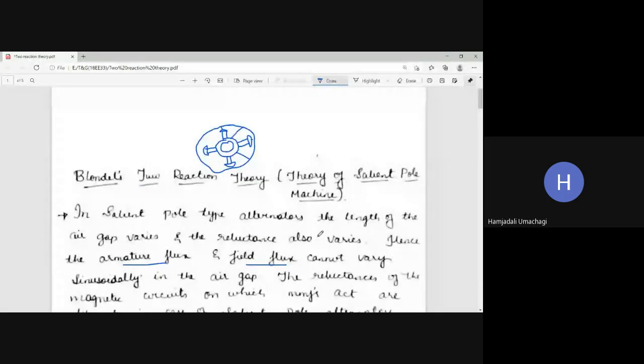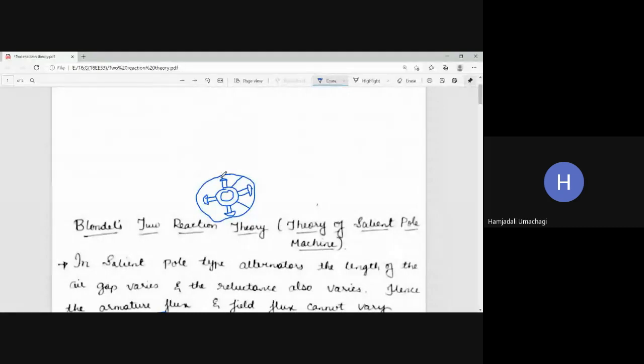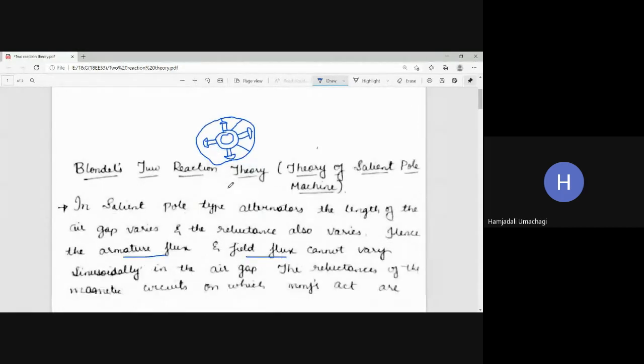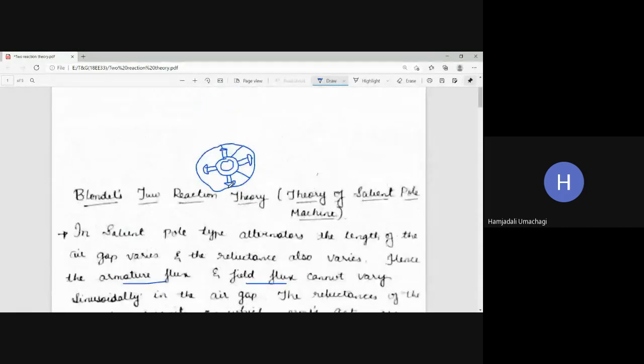The construction is such that at one side the length of the air gap is minimum, and at the other side it is maximum. Because of this kind of construction, the distribution effects of armature flux and field flux will not be sinusoidal. How that distribution of flux takes place will be explained in Blondel's two-reaction theory.